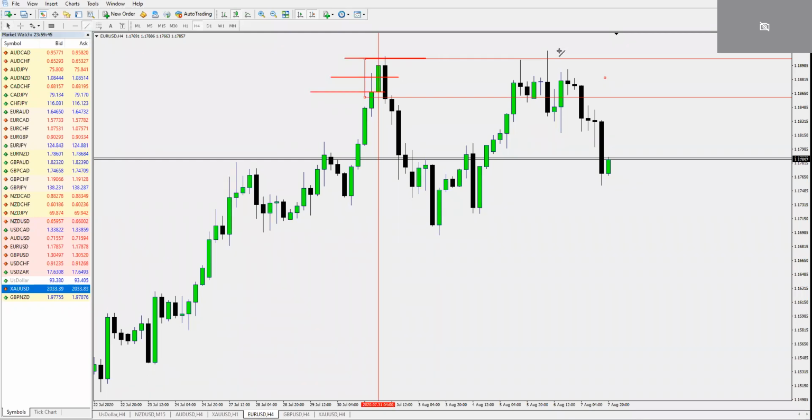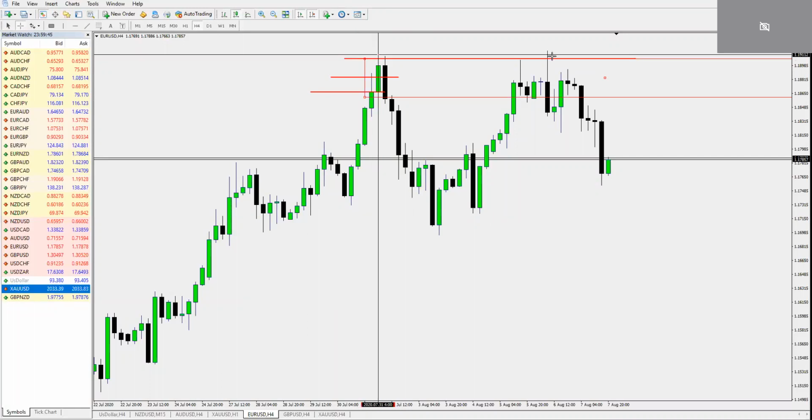Well, not only because it was the previous day's high, there was liquidity sitting above there, and also there was a large move to the downside. So they accumulated sellers while price was traveling down over here, collecting sellers into the market. And as retail traders like to do, they put a buy stop above here.